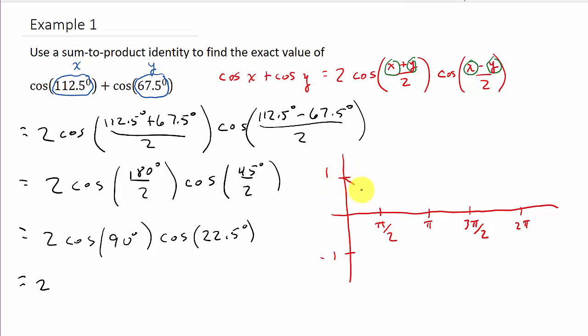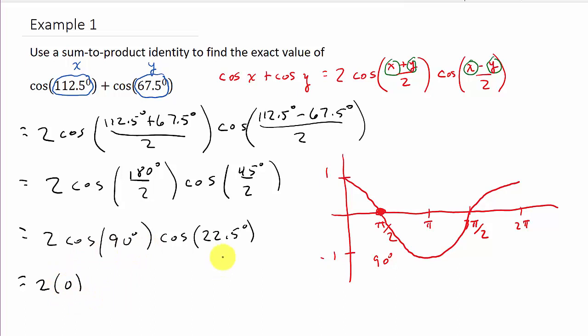If you sketch this graph, pi over 2 radians is 90 degrees, and we can see cosine is 0. Cosine of 0 is 1, cosine of pi or cosine of 180 is -1, and so on. So cosine of 90 is 0.